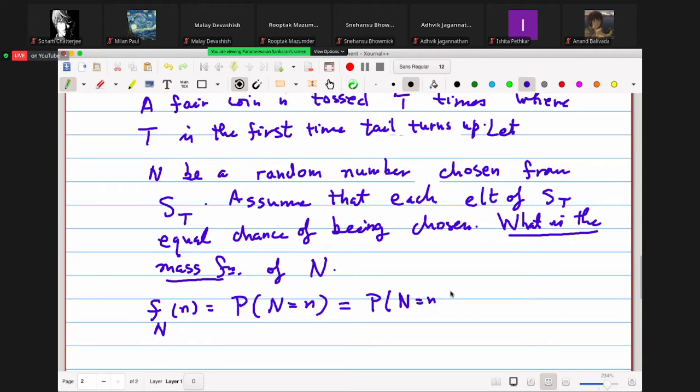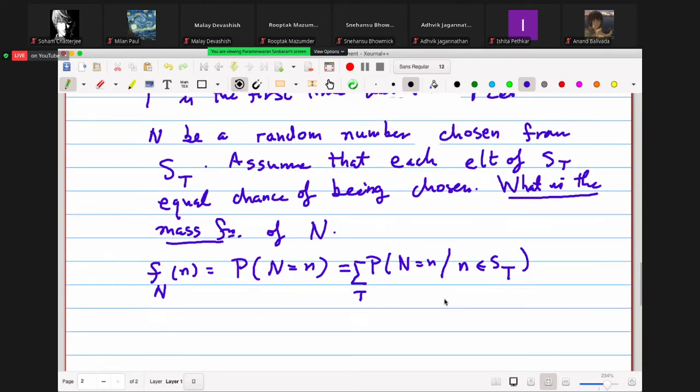Well, this can happen given that n is in S_T, and you have to sum over all possible T. But once you are given n, this n belongs to a unique T. What is that unique T?